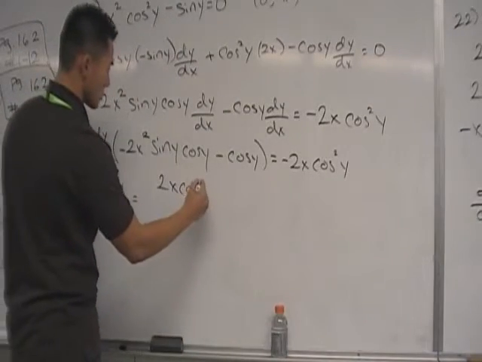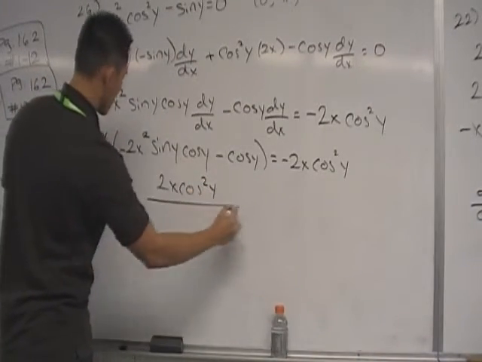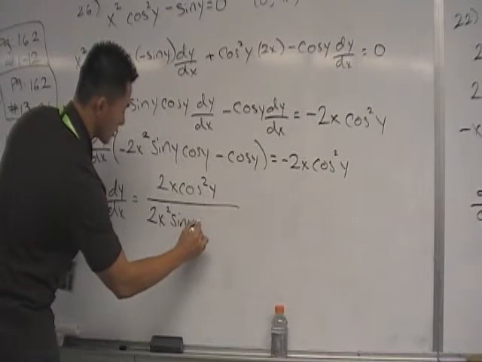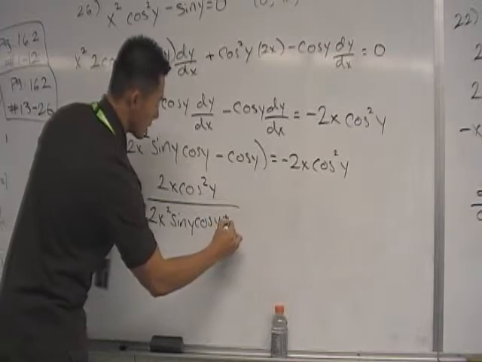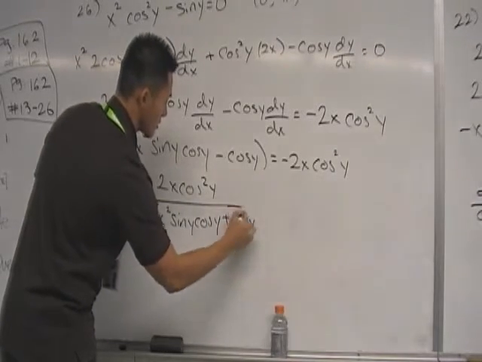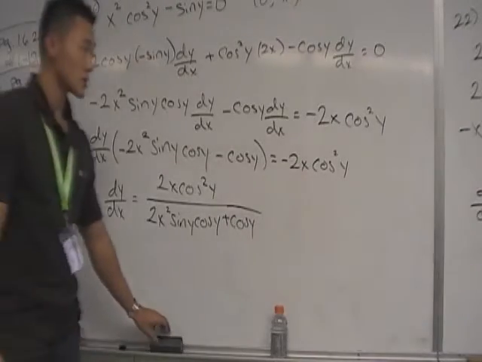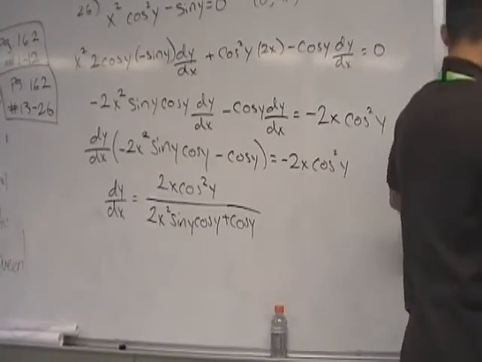So dy/dx is 2x cosine squared y over 2x squared sine y cosine y plus cosine y. Are there any questions there? That's just the derivative of that.